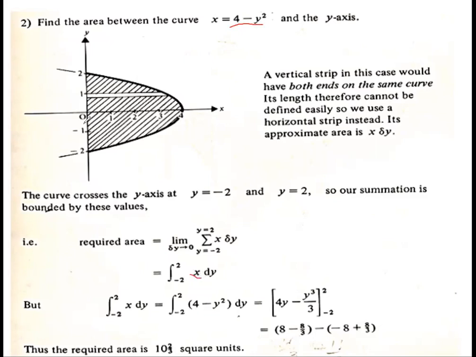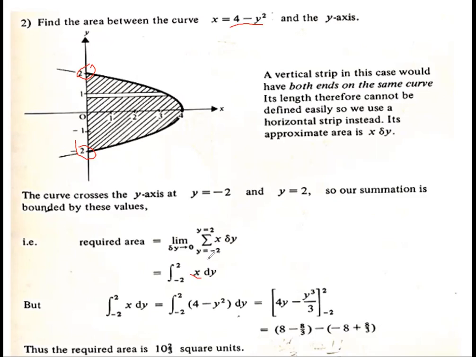Oh, by the way, you have to do something before. You have to find where the curve cuts the y-axis. So you put x equals 0 and solve, and you will get 2 and minus 2. So you know that the interval through which you are going to integrate will be from -2 to +2.